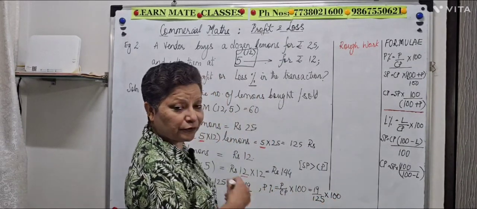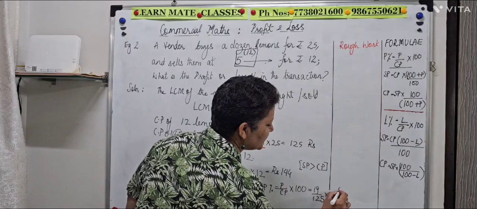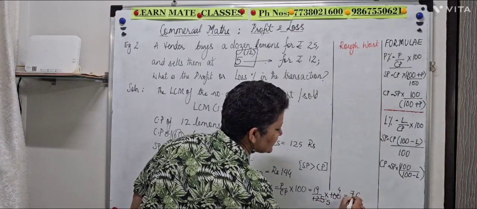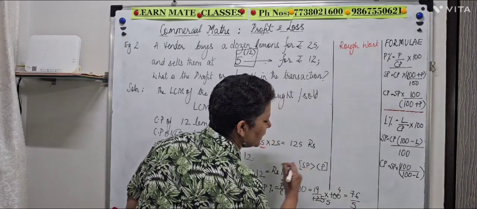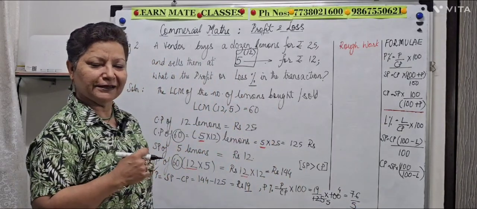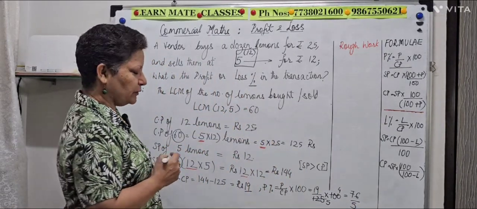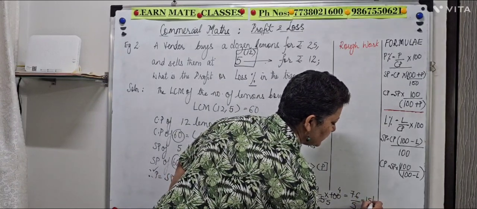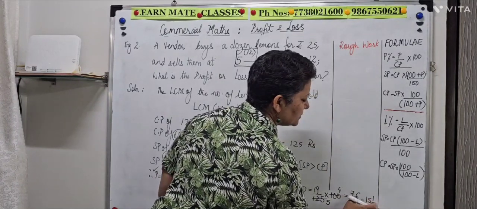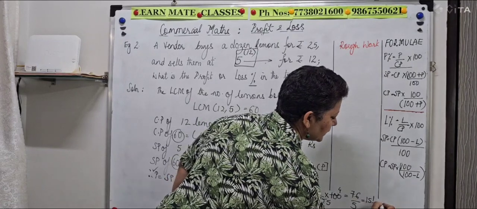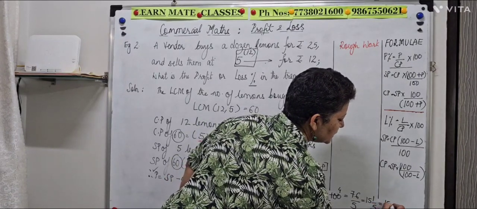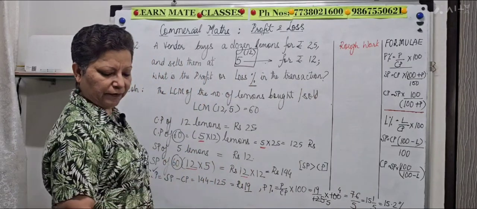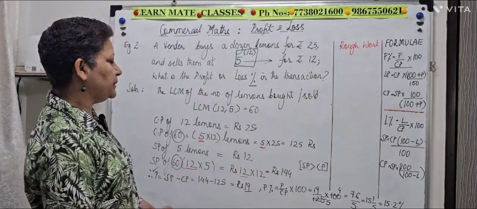If I know my table of 25, 25 fours are 100 and 25 fives are 125, which gives you 76 upon 5. 19 fours are, if you know, is 76. 76 upon 5 is nothing but 15 1 by 5, or in terms of my decimals, this is 15.2%, right? So I've been able to calculate my profit percent.